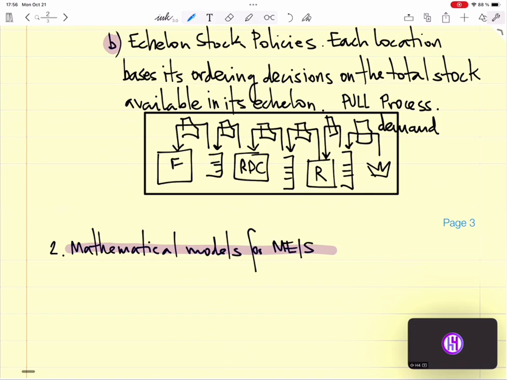We go to the first multi-echelon inventory system with continuous review, CR, okay.